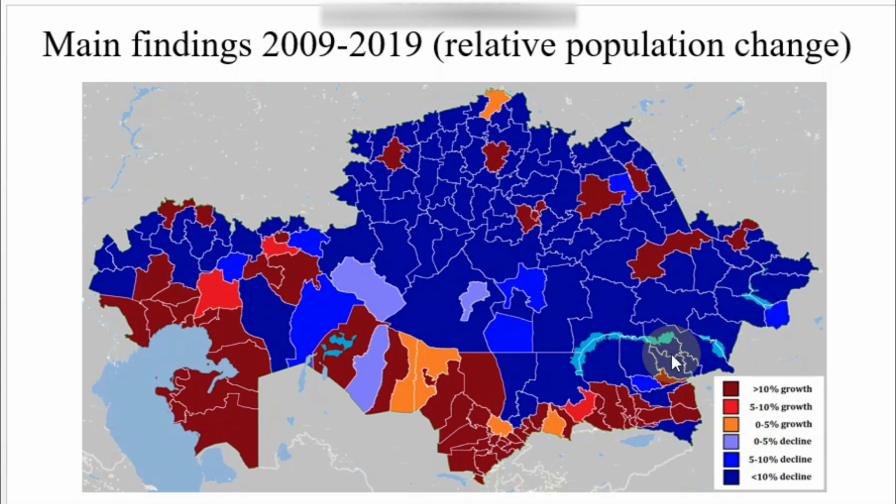We can see more severe cases or very significant growth here. There are very few cases of moderate population growth. And again, we can see here that the main three population growth centers show very high population growth during 2009 and 2019.